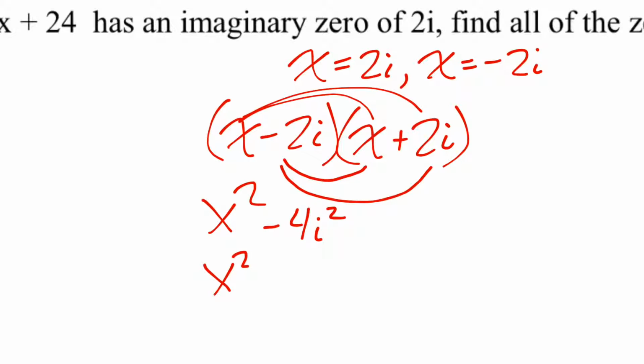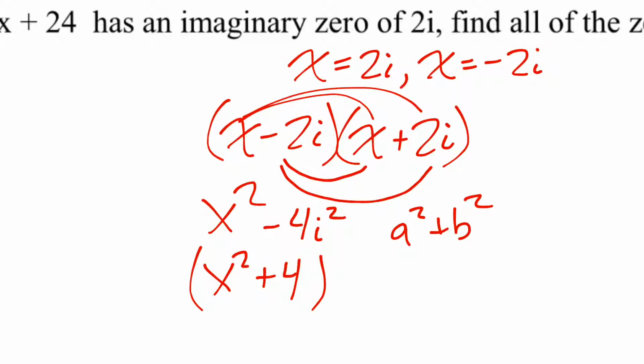So what does this become? This becomes x squared plus 4, because i squared is negative 1, and negative 4 times negative 1 is positive 4. Or you could remember that when you multiply complex conjugates together, you're going to get a squared plus b squared. So that's cool, I guess.